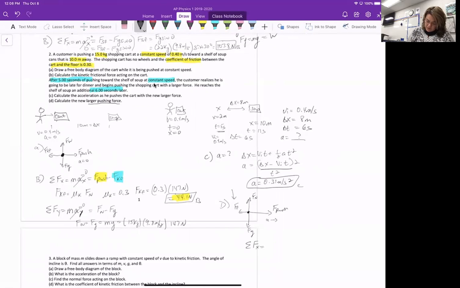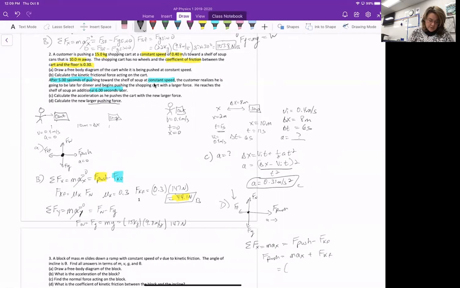So this is in the x direction. So sum of the forces in the x direction is equal to mass times acceleration in the x direction, which is equal to the force of the push minus the force of kinetic friction. Force of the push is equal to the mass times the acceleration in the x direction plus the force of kinetic friction.